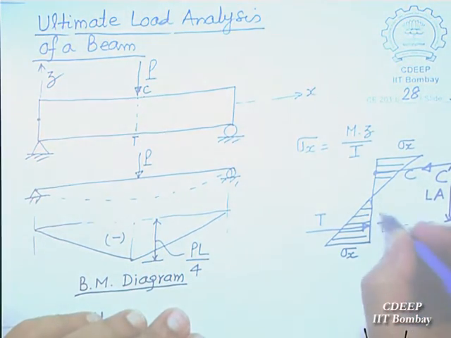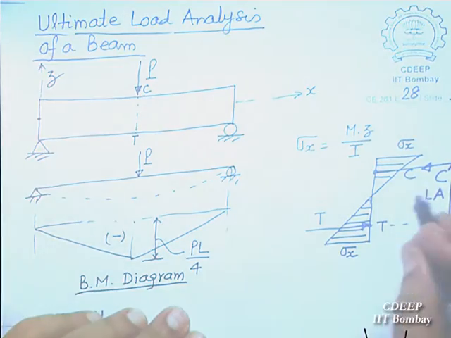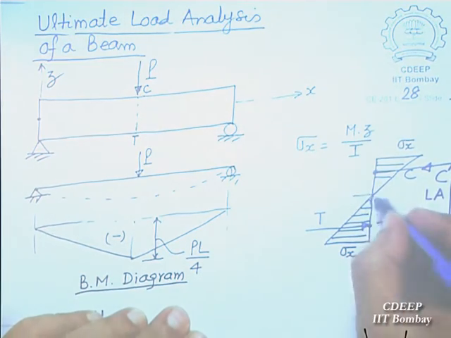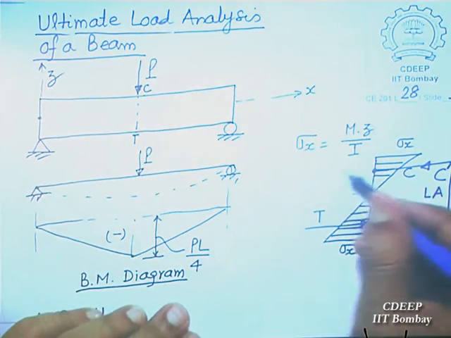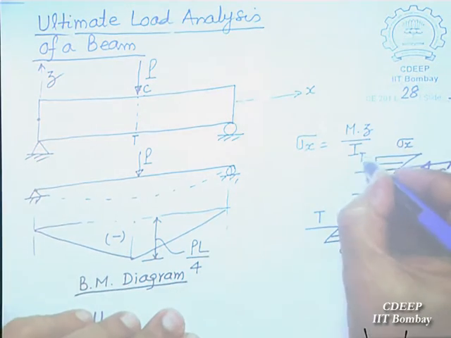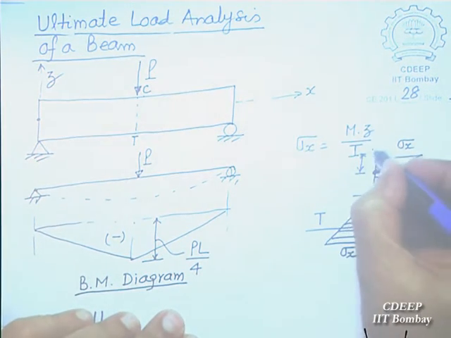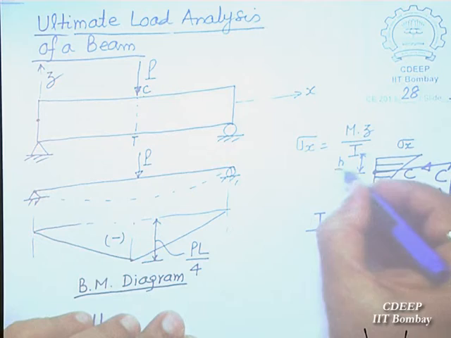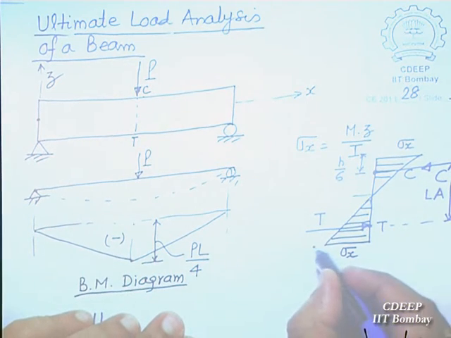This is the centroid. The centroid of a triangle will be at what depth? 1/3 of h by 2, h by 6 from here. This will be h by 6. This also will be h by 6.